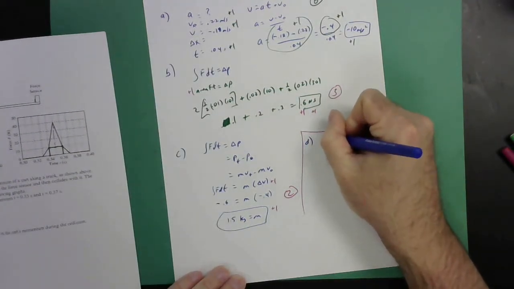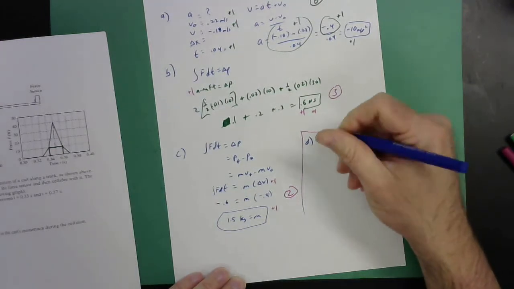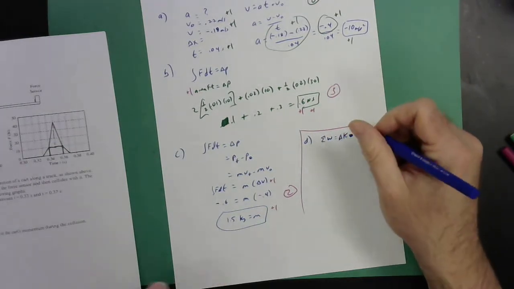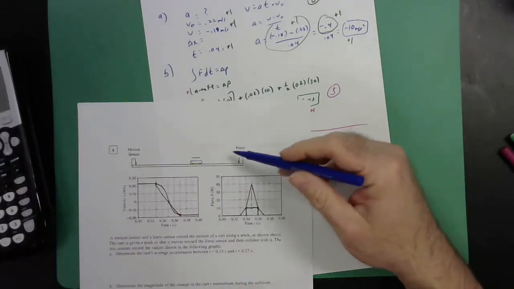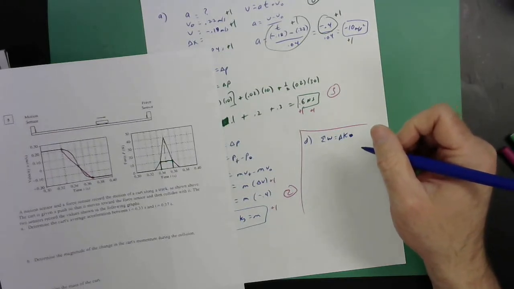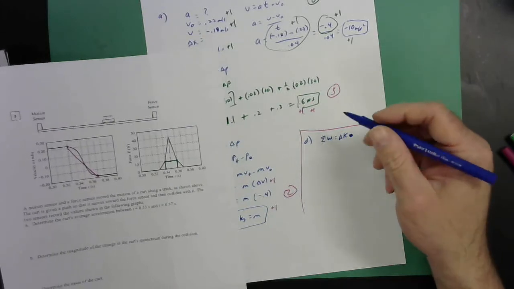So we do our sigma W is delta K plus, you know what, I'm not going to have anything else. I'm just going to have kinetic energy, right? There's no springs. So my system here is going to be the cart and the sensor together.